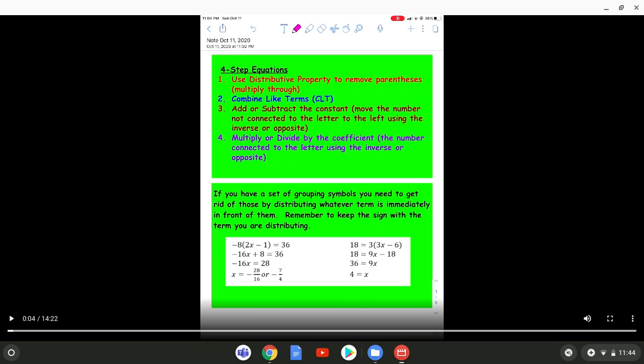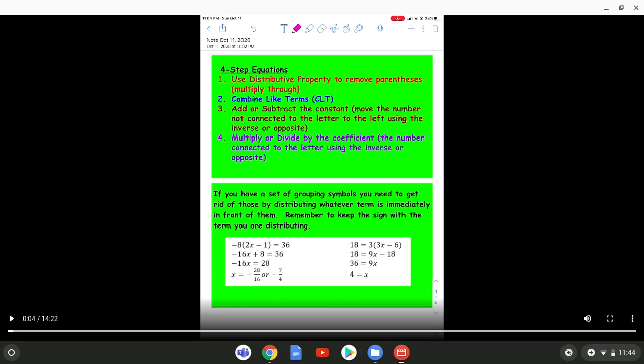So looking down here at these two example problems, if you have a set of grouping symbols, so grouping symbols just means parentheses, and if you have a set of them, you need to get rid of them by distributing whatever is immediately in front of them.